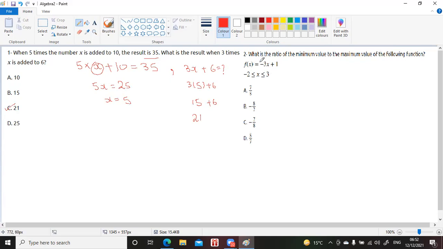Okay, that's perfect. So what is the ratio of the minimum value to the maximum value of the following function? So can you do this one as well? Right, let's do it together because we only have 8 minutes and I need to record this. So we have minus 2 and 3, and what is the ratio? Minimum value to maximum value.